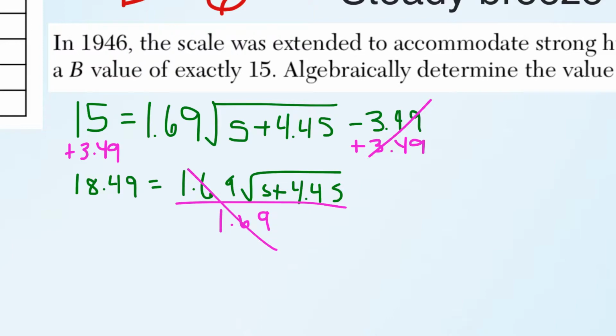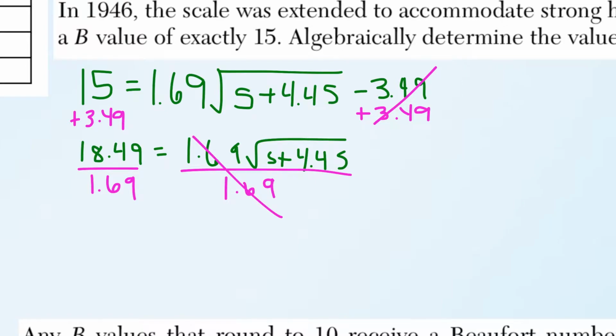That's going to cancel that out. So that works out to 10.9408. I'm just rounding that a little bit. And that's going to be equal to the square root of S plus 4.45.